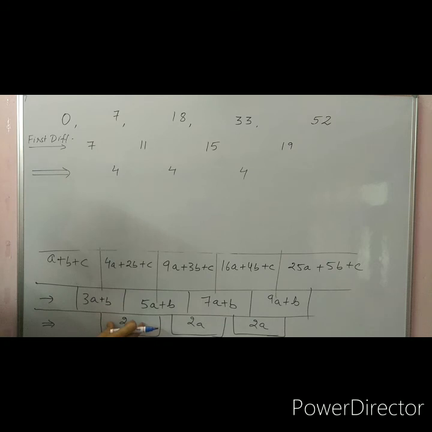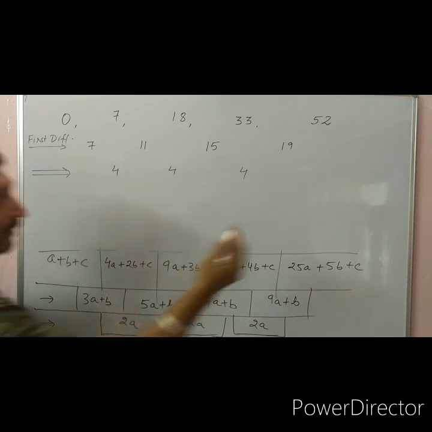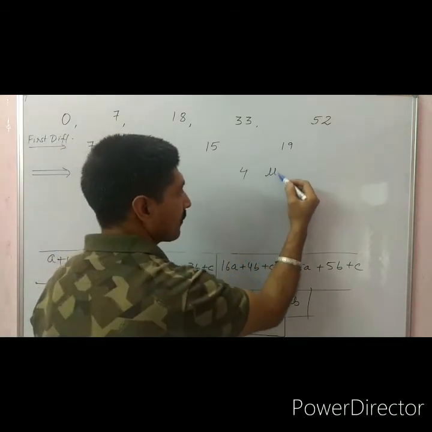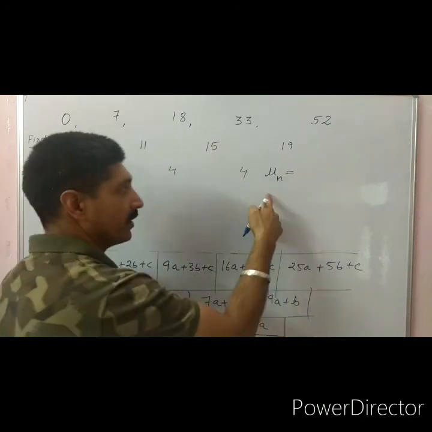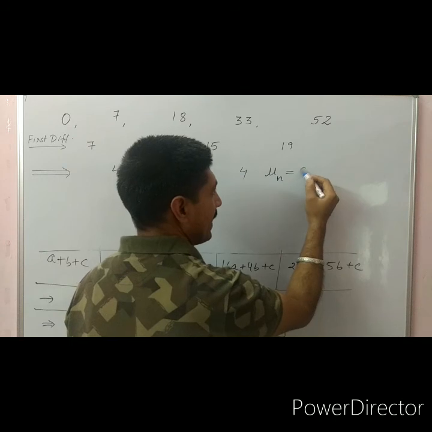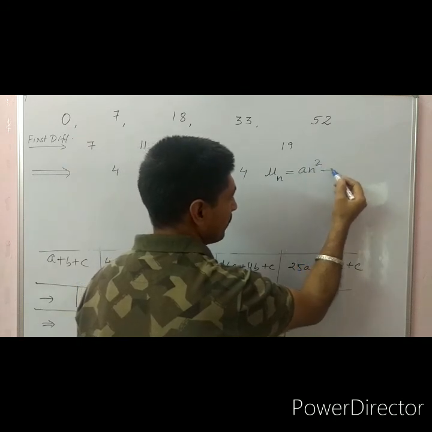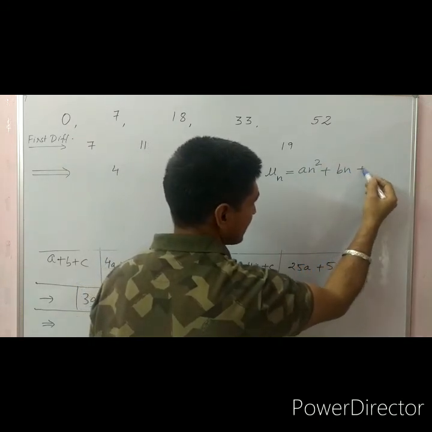Here, if we check the table, we know that the rule for the nth term, the quadratic rule, is an square plus bn plus c.